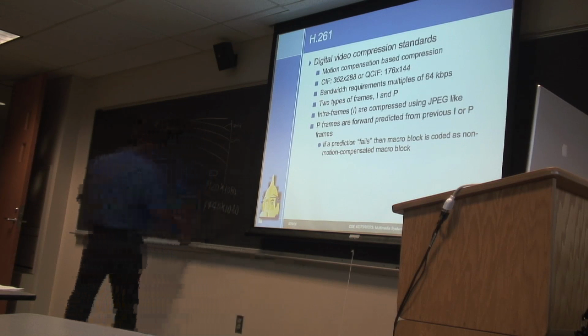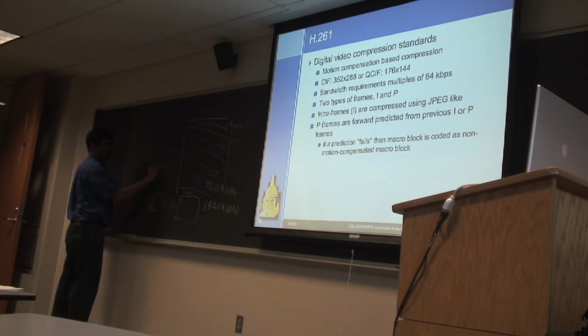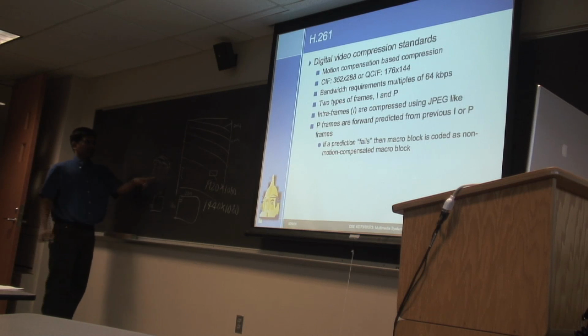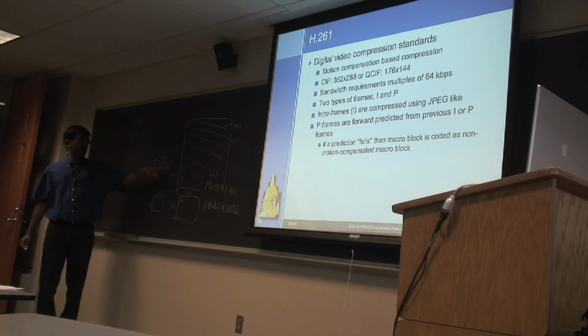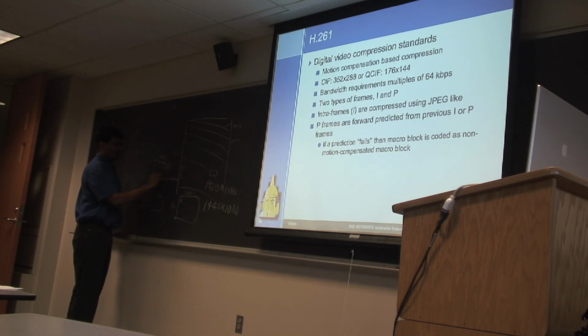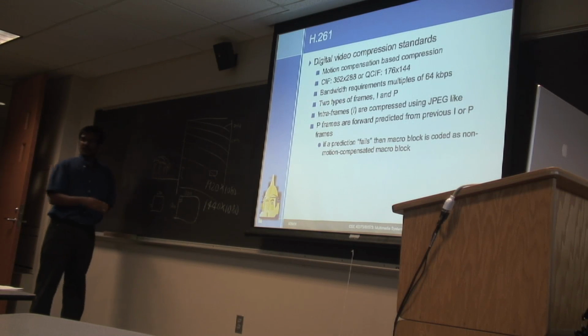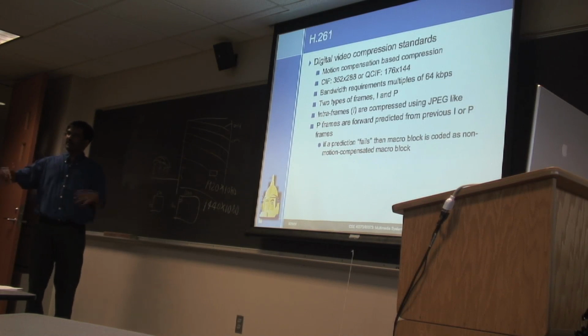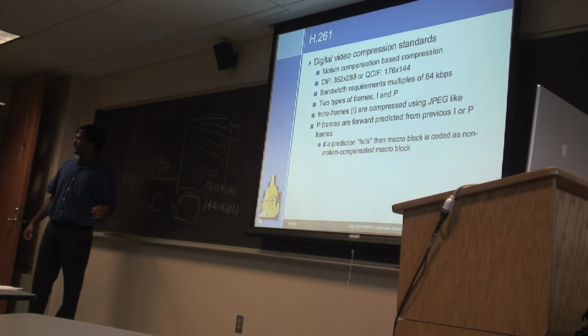So you typically would have an I, some number of P's, and then another I. The prediction is like this. This P could be predicted from this P or this P or the I. So you can go on like this. The longer you go, the more error artifacts you can create, the more things you may have to compensate.